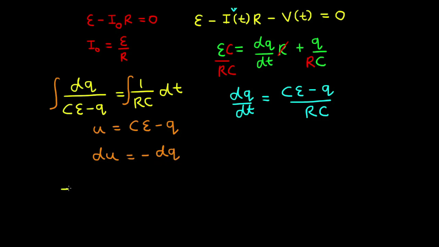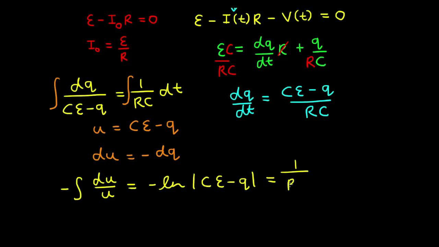So what we get is minus the integral of du on u is equal to minus the natural log of u, where u is C epsilon minus Q. And that's equal to 1 on RC by t plus a constant of integration.